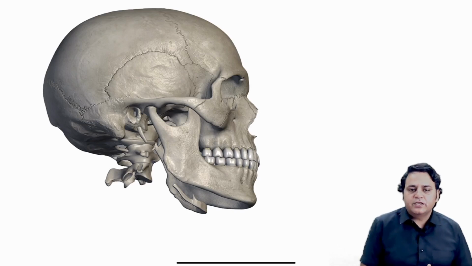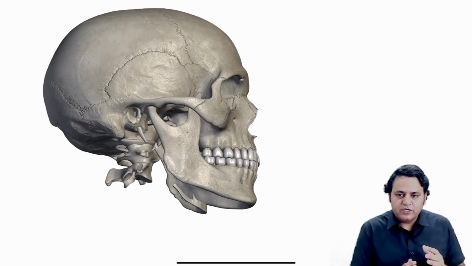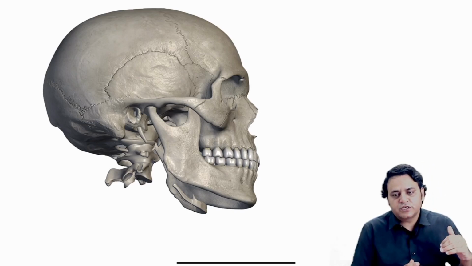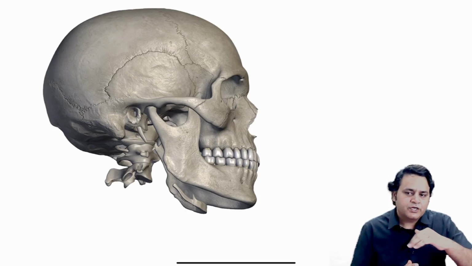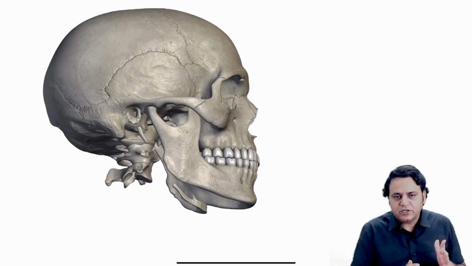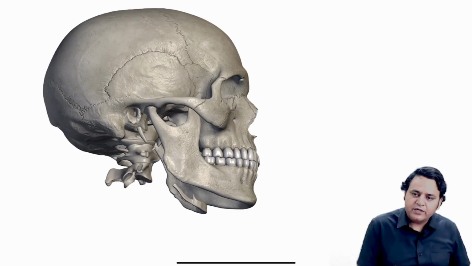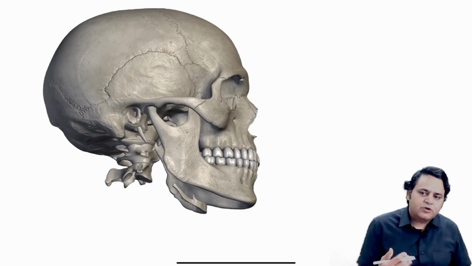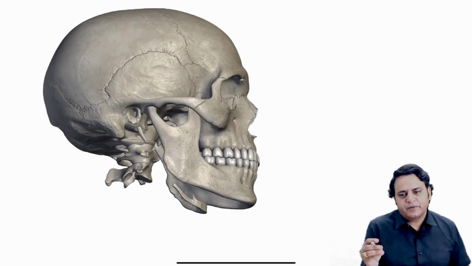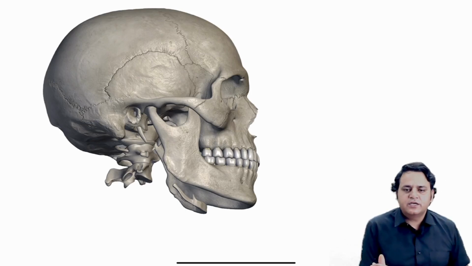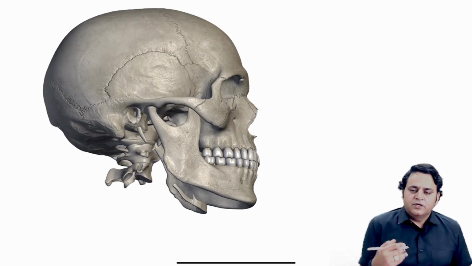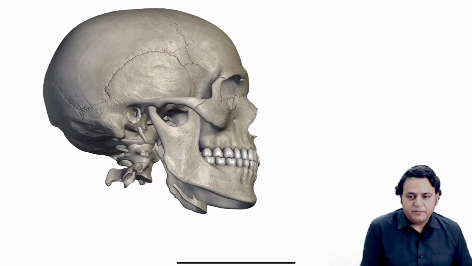This tympanic plate is very important because when there is posterior dislocation or hyper retraction of the head of the mandible, it can cause fracture of the tympanic plate, which can further result in injury to the tympanic membrane as well as the eardrum.